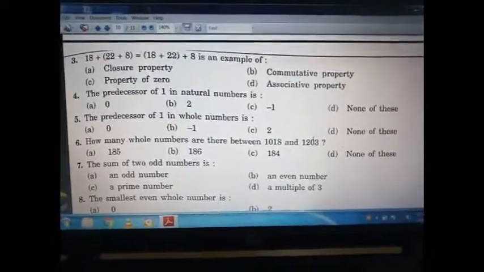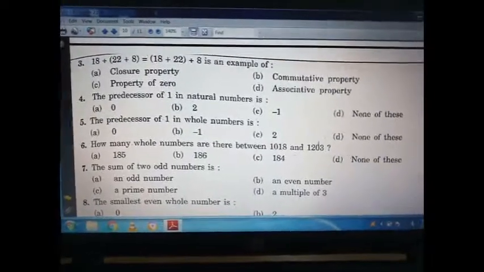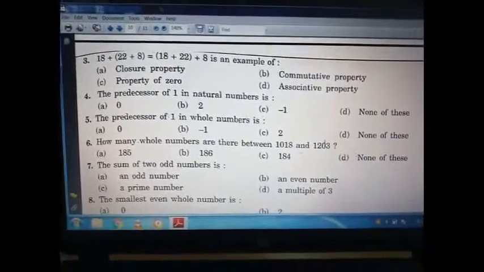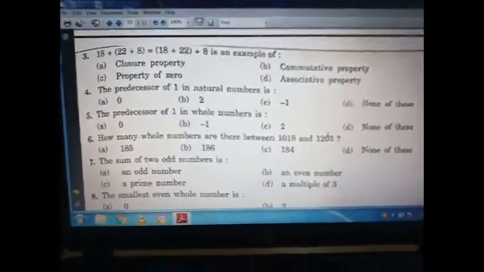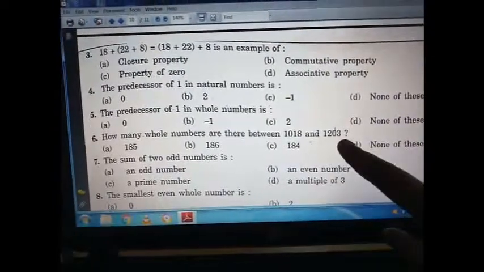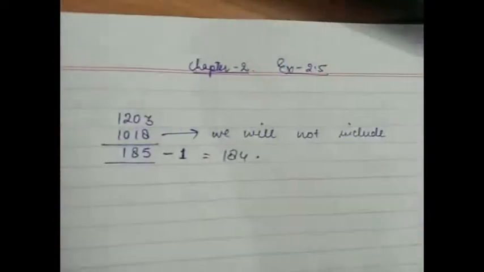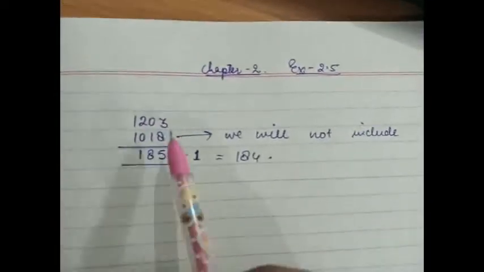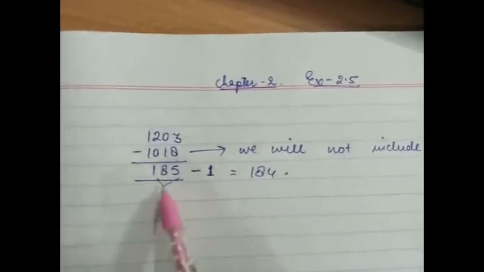Now question number 6, how many whole numbers are there between 1018 and 1203? What we have to do is subtract 1018 from 1203. In the question it is asking for numbers between these two, so the difference of these two will be 185.